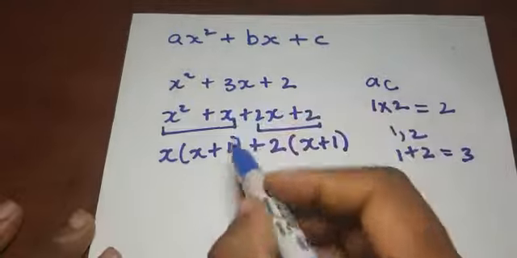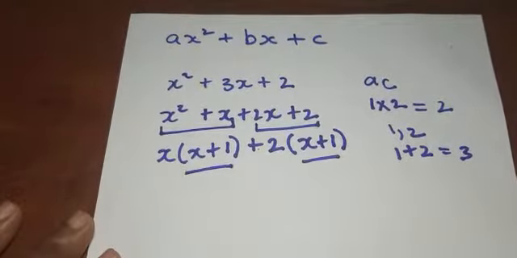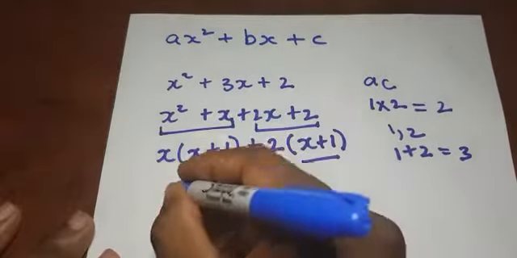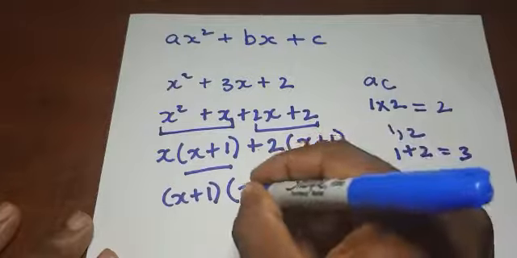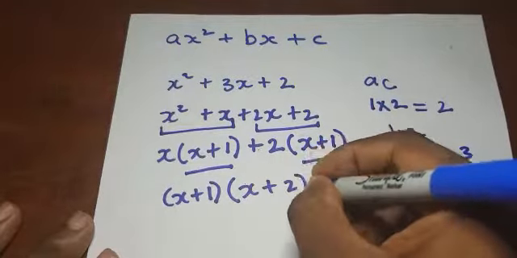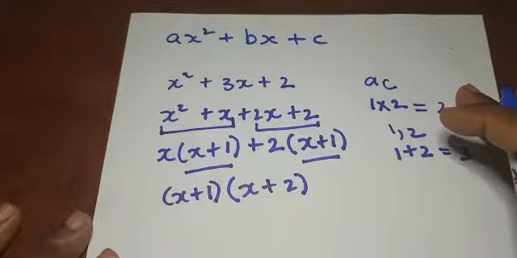So right here, we see that x plus 1 is common. So we can write that outside, and this bracket now would contain x plus 2. And at this point, we are through with the question.